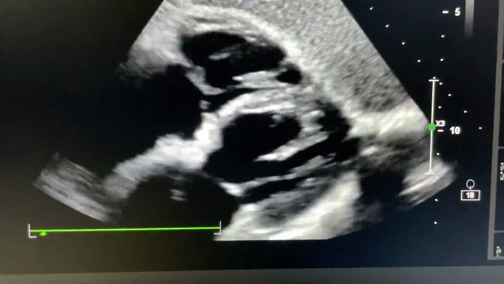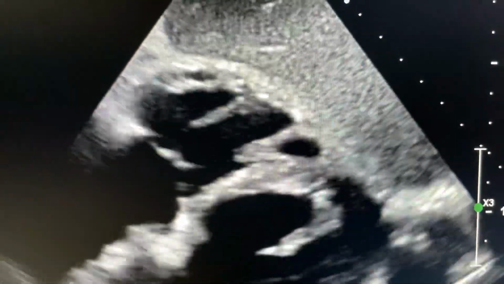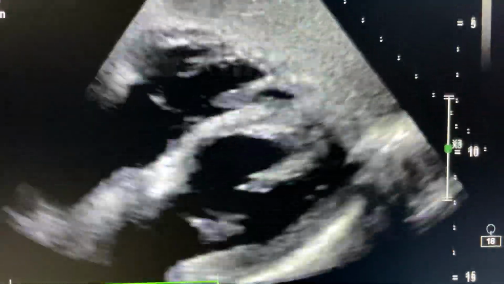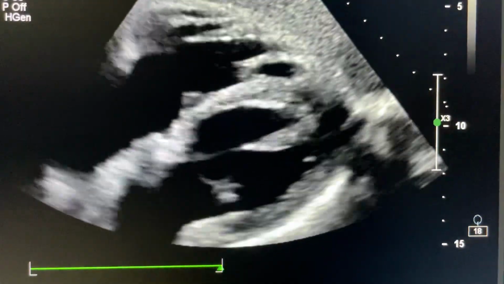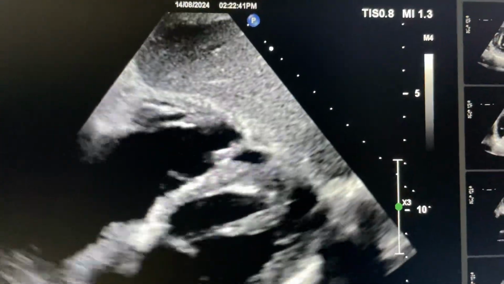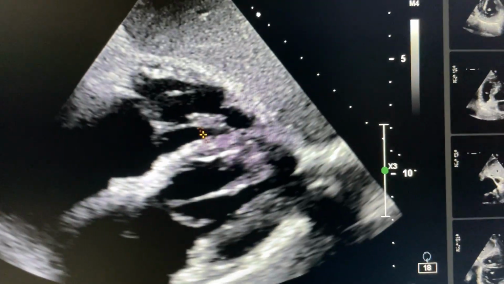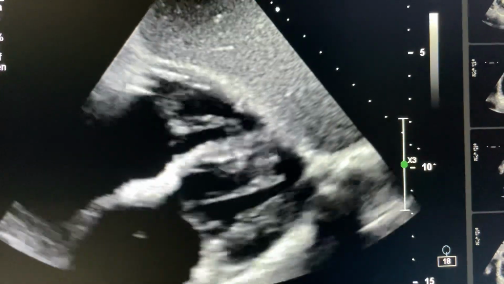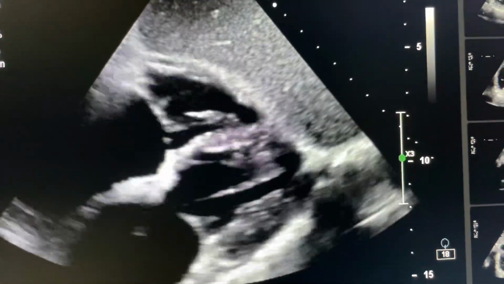You can see the motion of the right ventricle. Here you don't find any inward motion. No inward motion is there.